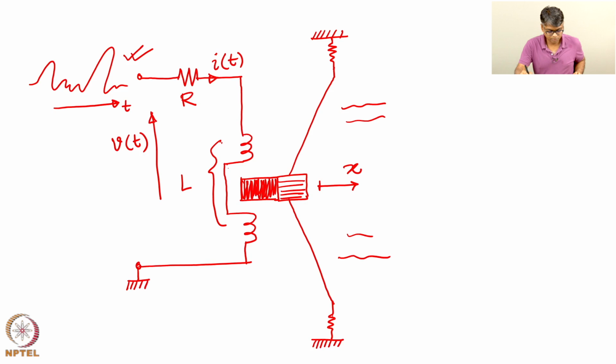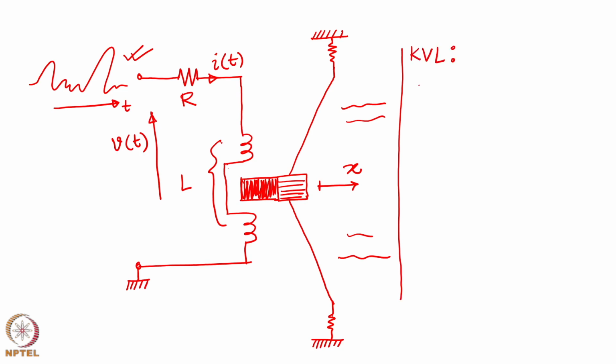So to do that, let me try and write down the equations here. For the electrical circuit, we all know by applying KVL, we can write that V is equal to I times R plus L times di by dt.